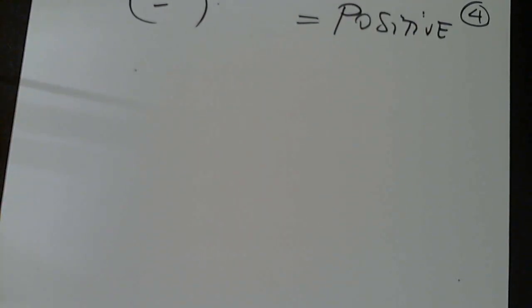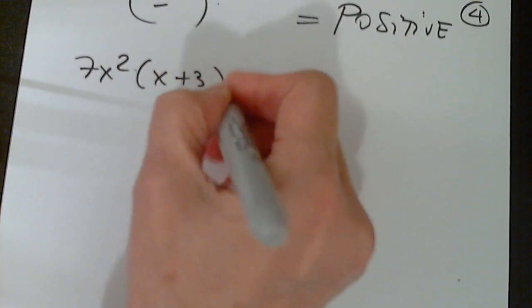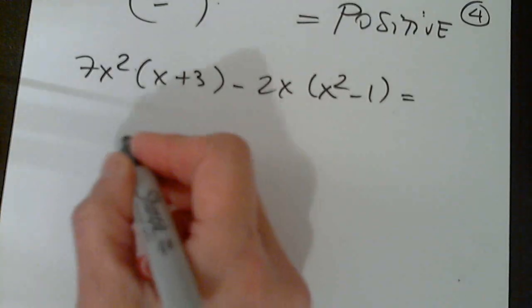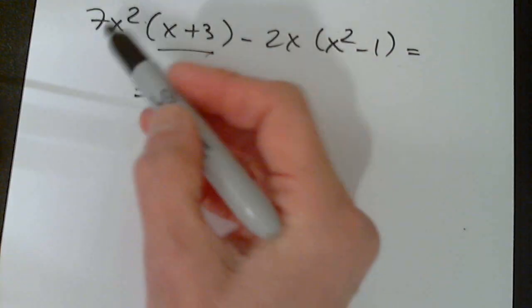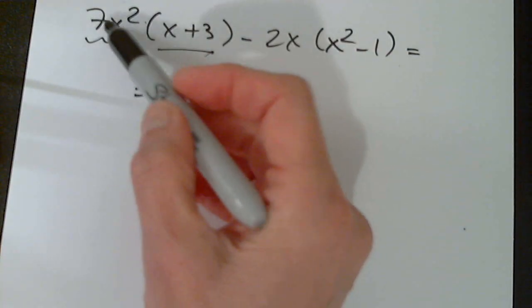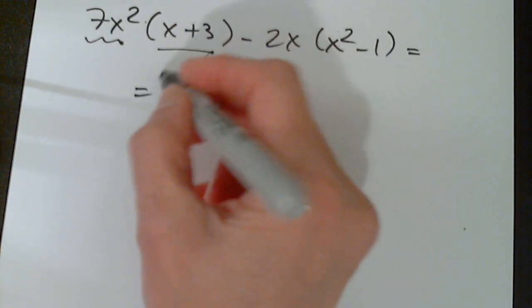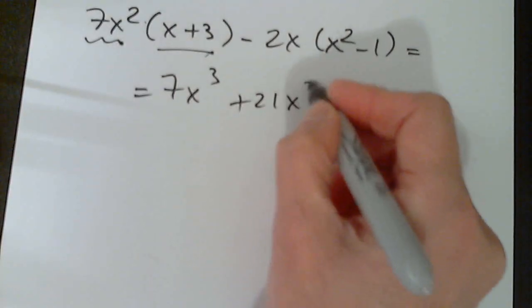Okay, then we are asked to simplify 7x squared times (x plus 3) minus 2x times (x squared minus 1). You have to distribute, and you have two terms. And you distribute one factor. You have to have two terms, not more. So 7x squared times x is 7x cubed. 7x squared times 3 is 21x squared.